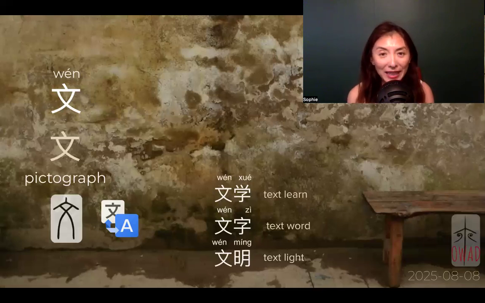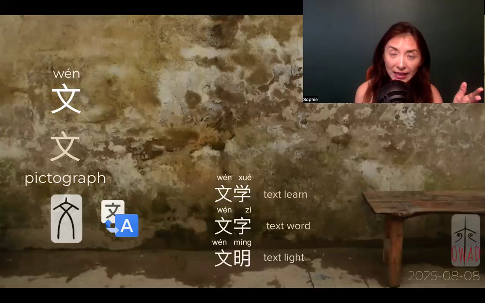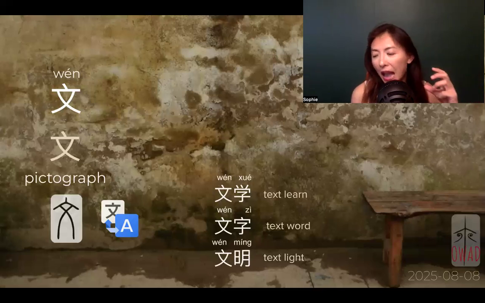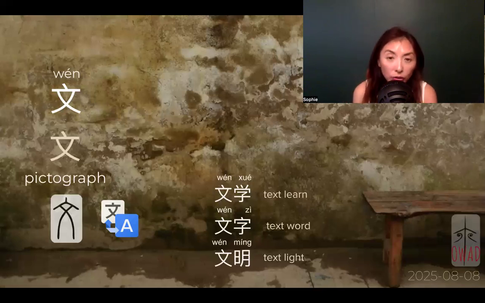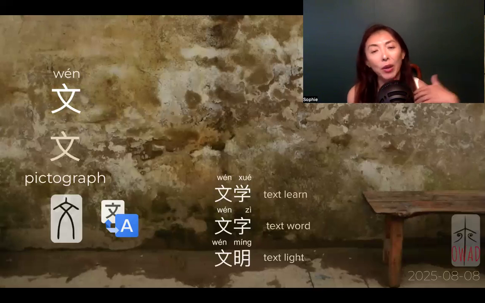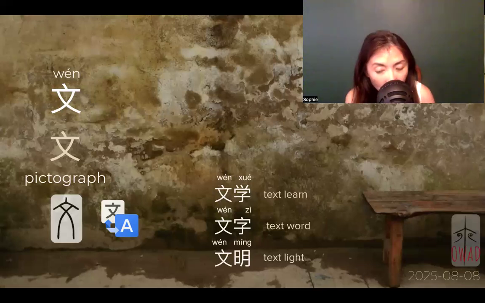But in the age of translation, when Western abstract concepts like literature or linguistics got introduced to China, somebody had to do this translation, and somebody landed on this, and we all today inherit this translation, that 文学, this text learning, is about literature, not linguistics.